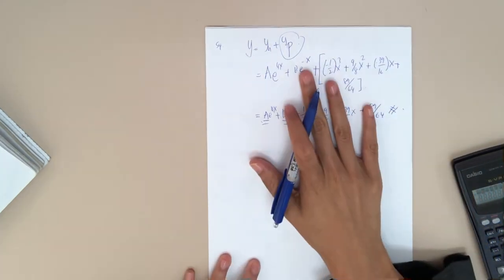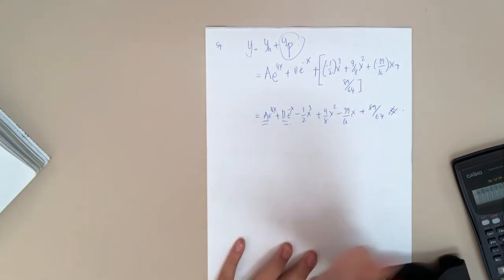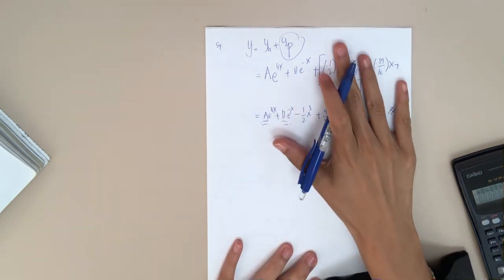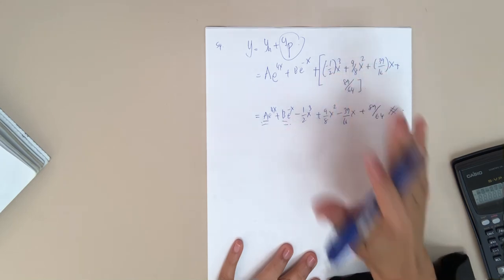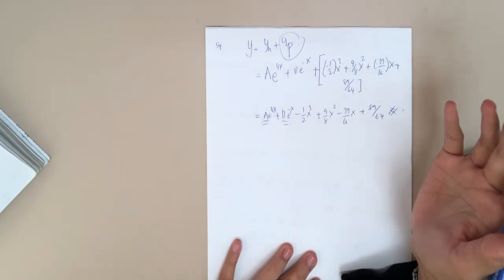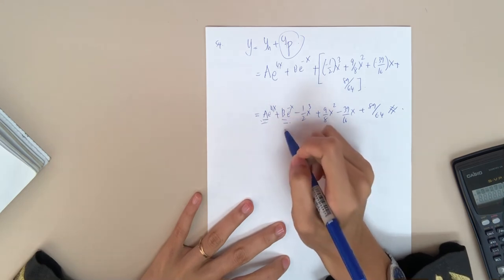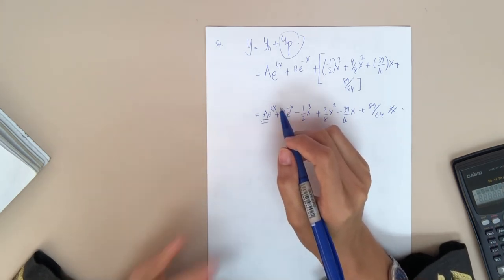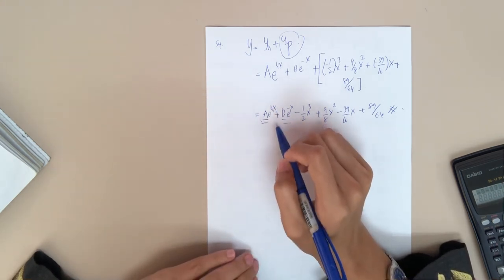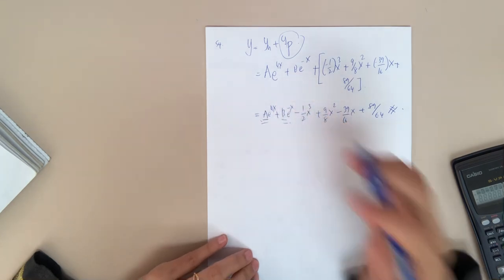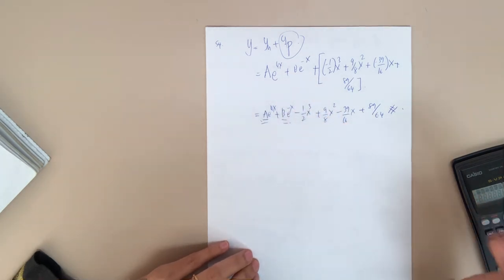This is not an initial value problem yet. This is just solving the general solution baru. Okay, bukan lagi IVP. And then in the next video baru saya tunjukkan how to solve IVP. So at the stage of the IVP, your final answer is no longer going to have A and B. Maksudnya dia dah takkan ada lagi A and B. Okay, you need to find out A and B if the question asks you to find the initial value problem.